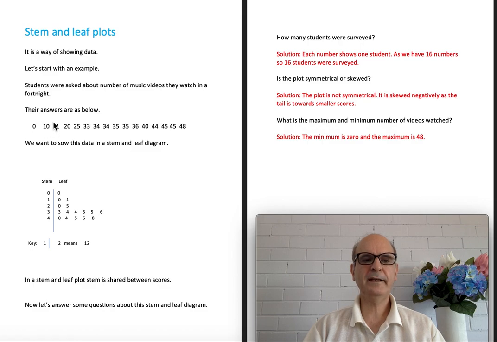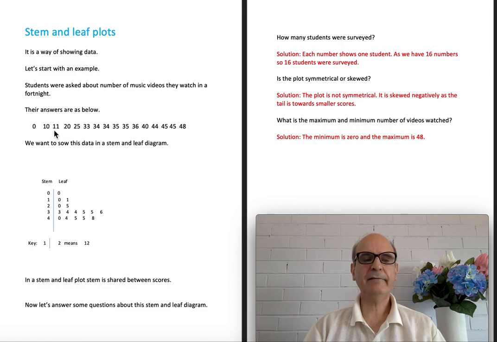For 10, we see that 10 has got 1 in its tens place. So we have 1 here, and it's got 0 in its ones place. So that goes at the leaf. So this 1 and 0 together represent the number 10 that we have here.